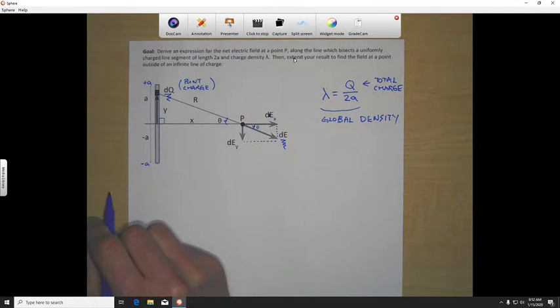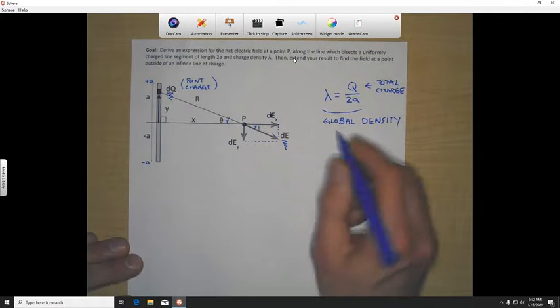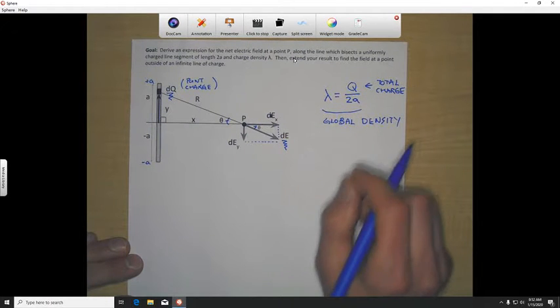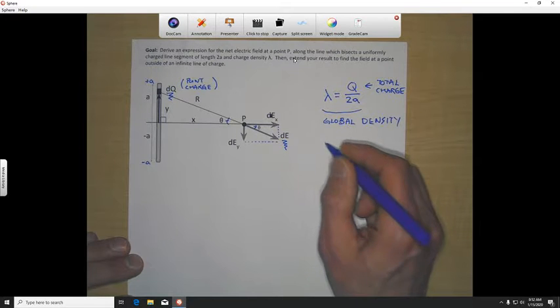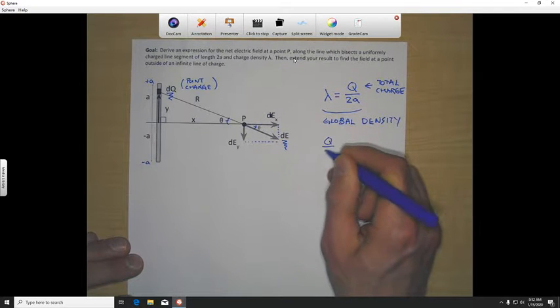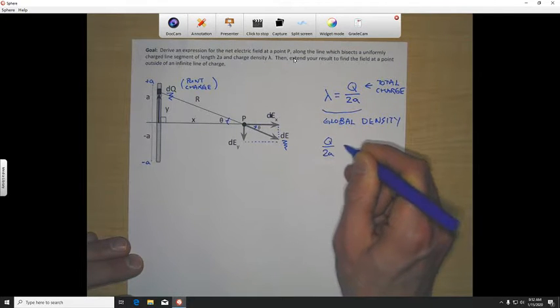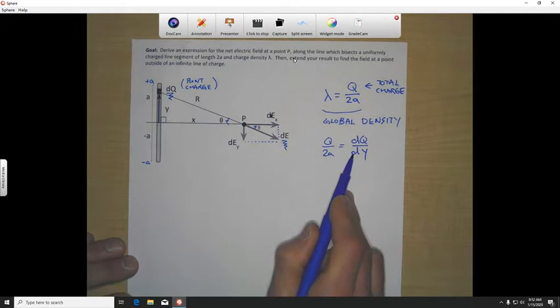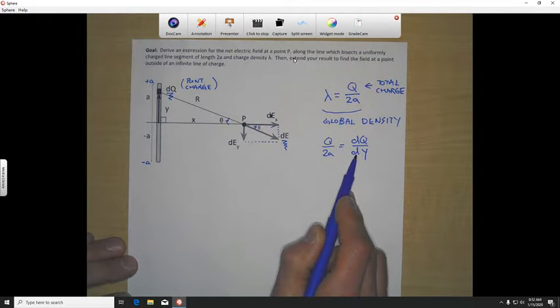What we're going to do in our derivation is make an assumption that that global density is also equal to the density on a very small microscopic scale. So we're going to assume that Q over 2a is also equal to the density that you would find if you looked on a very small, local or microscopic scale.